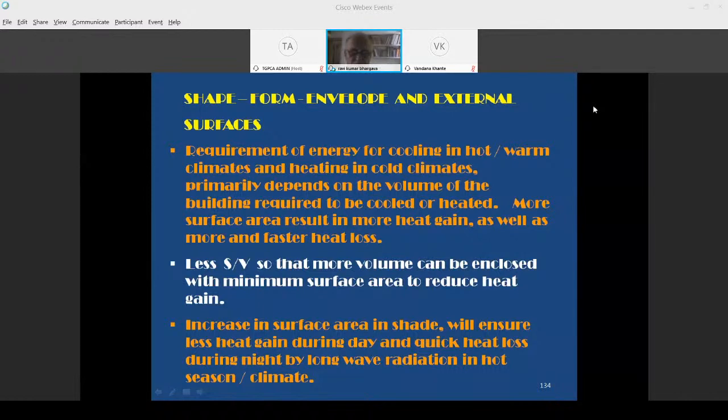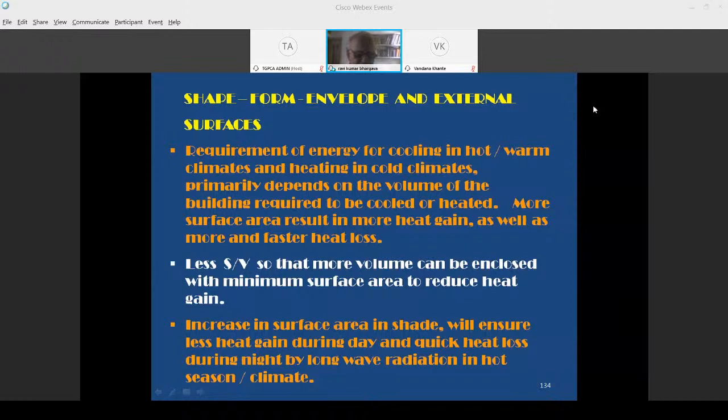Okay, friends. So we can adopt the possible shapes and forms of the building after analyzing all the different forms and shapes normally available to choose from.